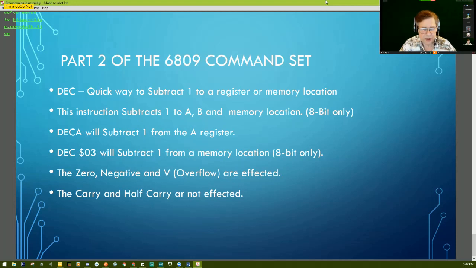The number 0, which makes it very easy to test whether or not we should loop. Just test the zero flag. If not equal to 0, then continue to decrement. It's probably used more than any other instruction in assembly coding. It works just like increment, except it subtracts 1.